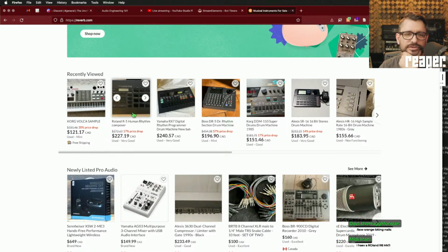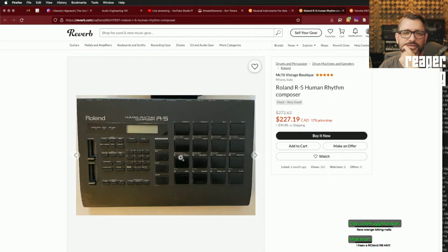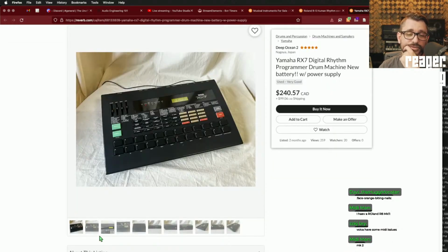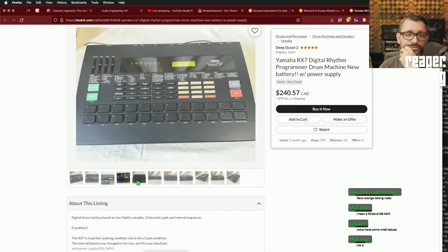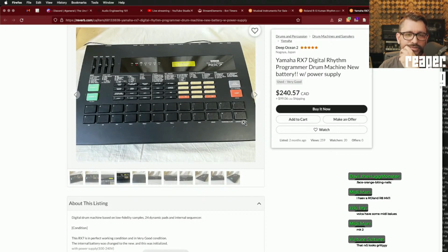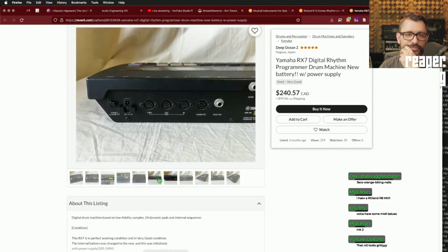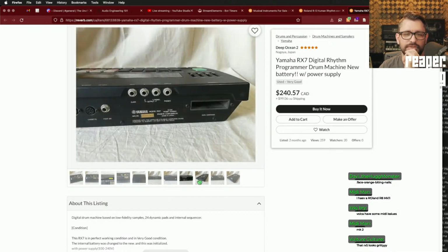This, the RX5 sound looks very interesting. The RX7 looks very interesting. I think the RX7 looks wonderful. So many different pads. Who knows if the programming sucks on it, though. It has a few separate outputs. A cassette port.